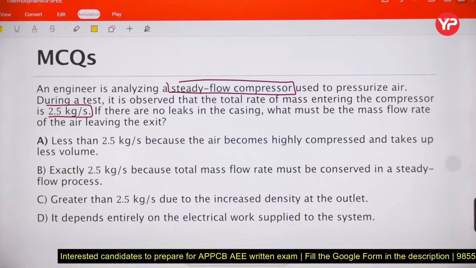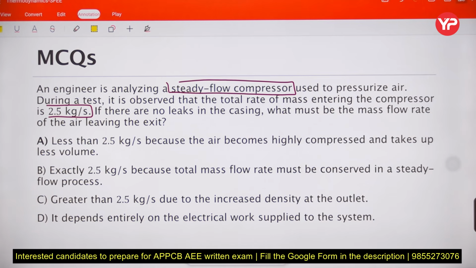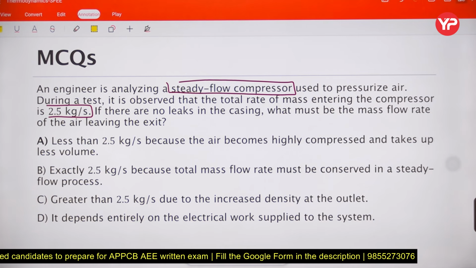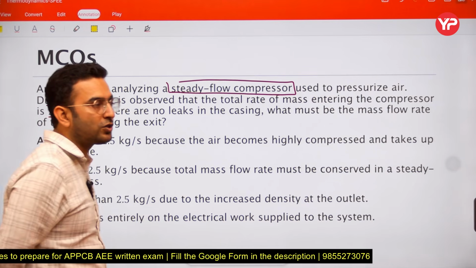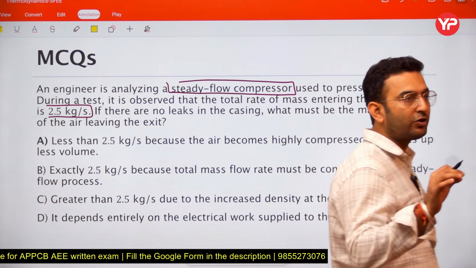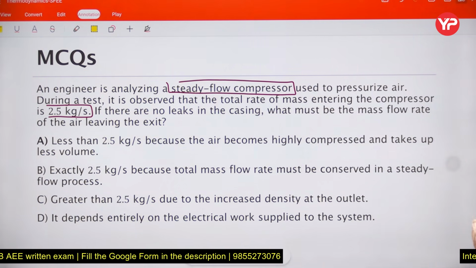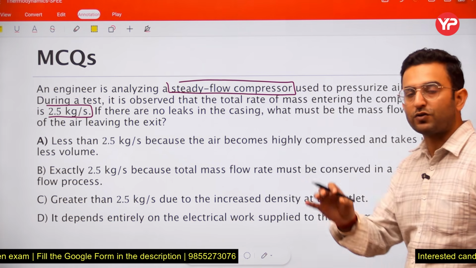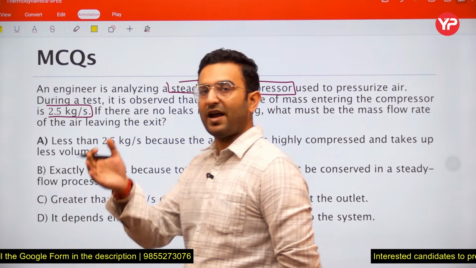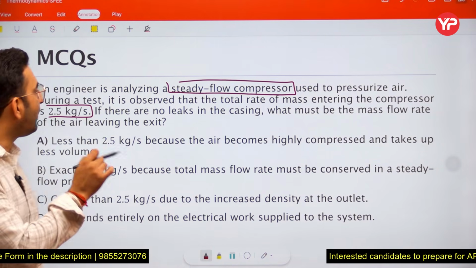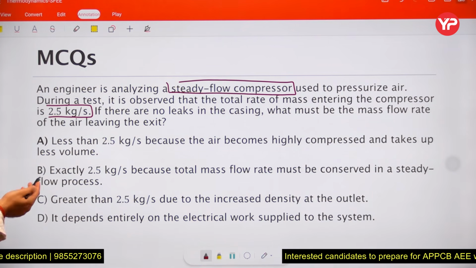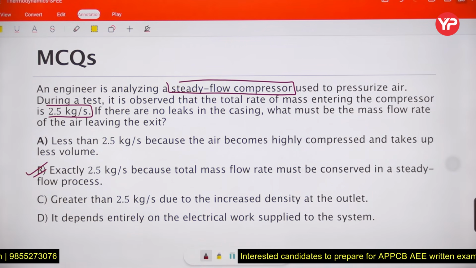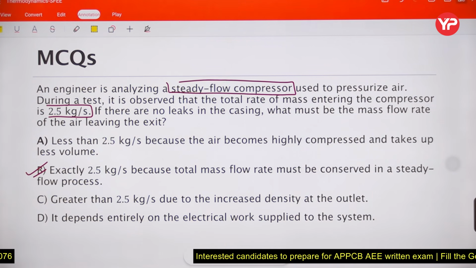If there is no leak in the casing, what must be the mass flow rate of the air leaving the exit here? So that's a very simple question. Now you can observe, if we talk about the conservation of mass principle, the mass which is getting entered into the system is going to be equivalent to the mass exiting from the system. So if the mass in is 2.5, then exactly 2.5 kilogram per second of mass is going to be out from the system here.